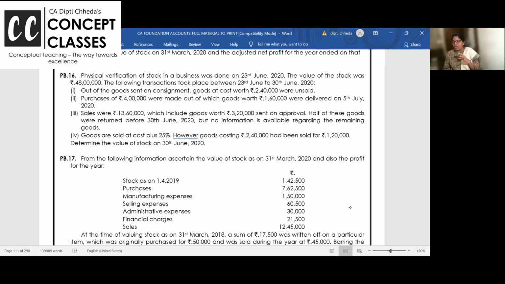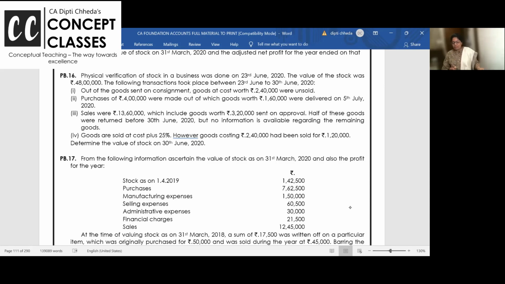If you have your stock with yourself or with your consignee, it is your stock. So you have to add back the stock of goods lying with the consignee, because it is my stock lying with my consignee.